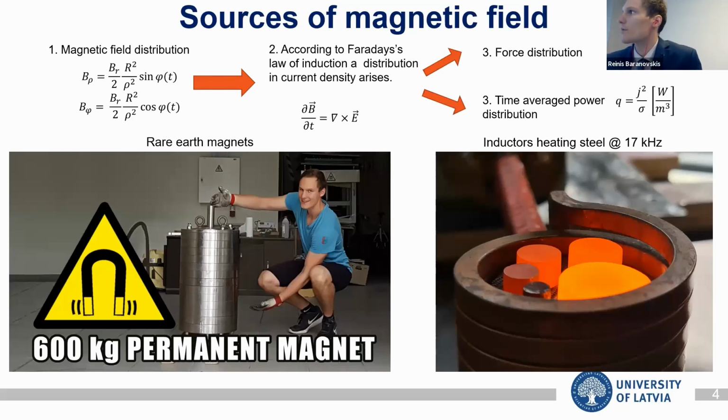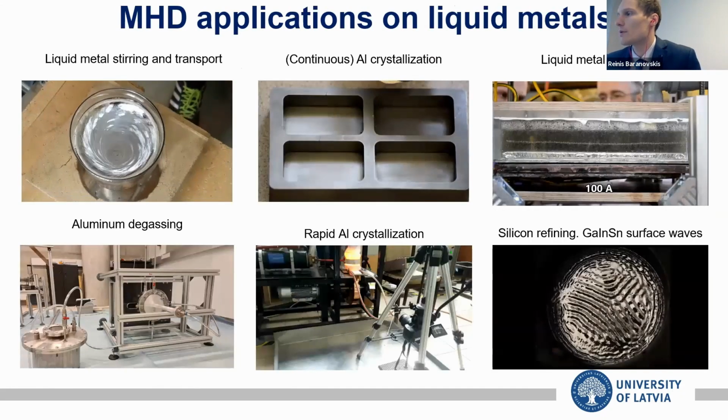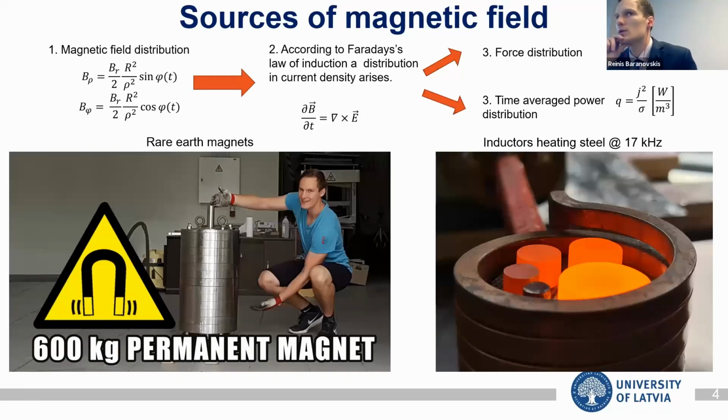So we are multiplying induced currents by the magnetic field produced by this coil, which is the sum of the induced magnetic field and the applied one.